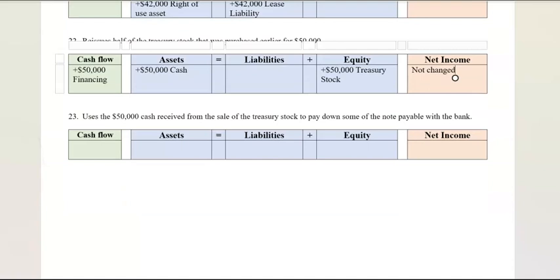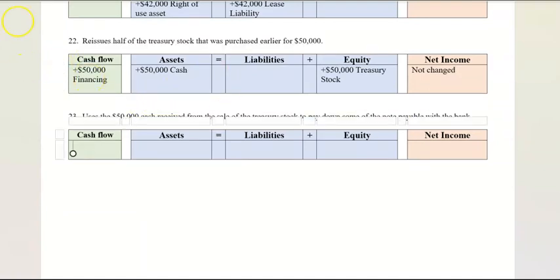Our last transaction here, 23, says the company uses the $50,000 of cash received from the sale of the treasury stock to pay down some of the note payable with its bank. So we are giving up cash. Cash decreases by $50,000, and this is to pay off a note payable. So again, this would be a financing activity, a financing cash outflow.